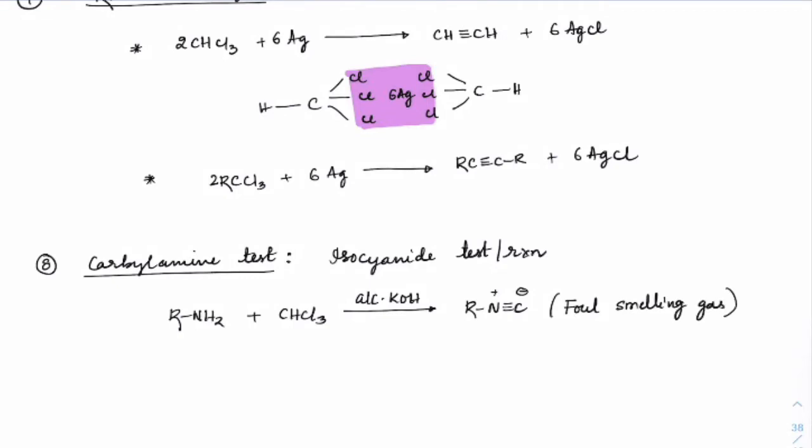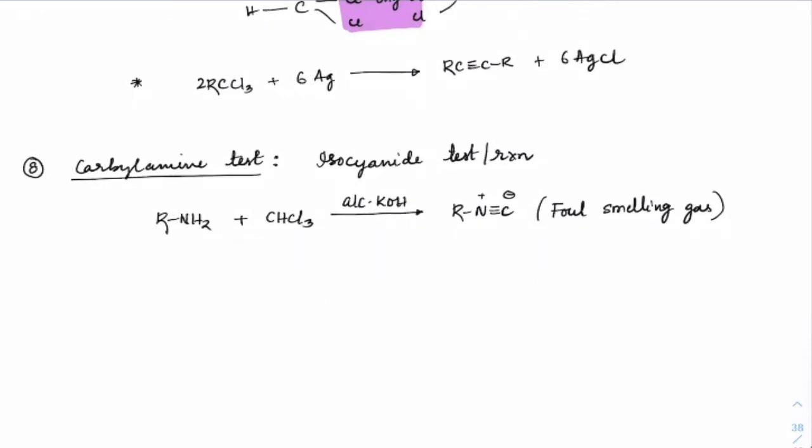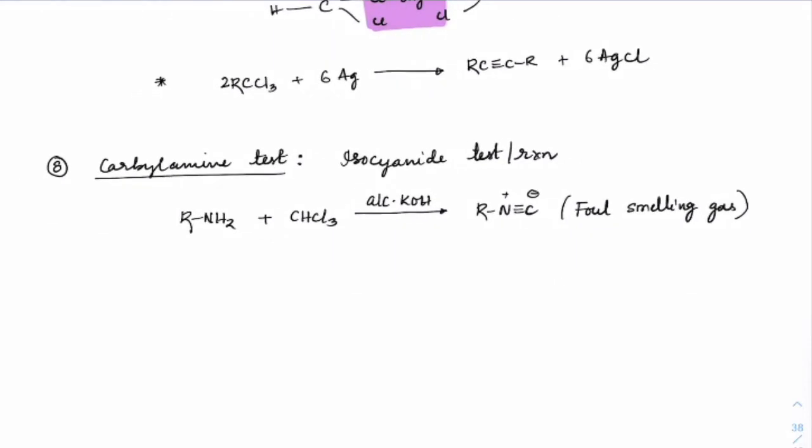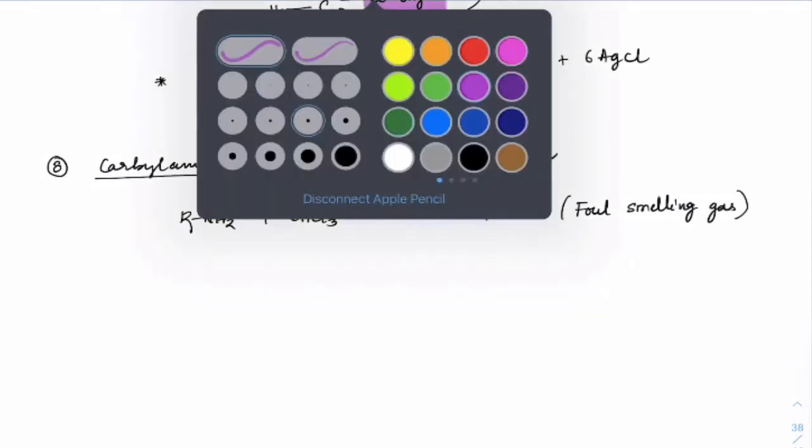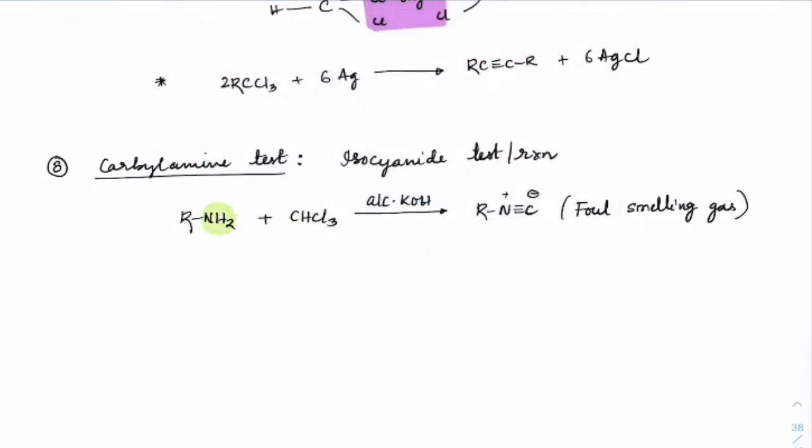So that is the carbylamine test, showing that there is a primary amine present. Wherever there is a primary amine and we treat it with chloroform, you would get that foul smell, which is the isocyanide formation, and that proves the existence of a primary amine.